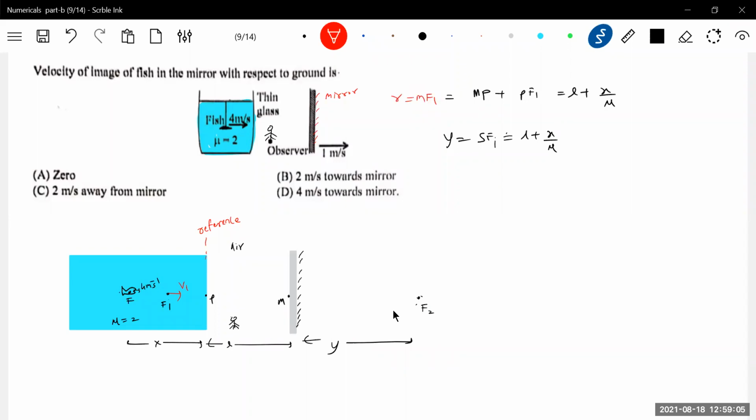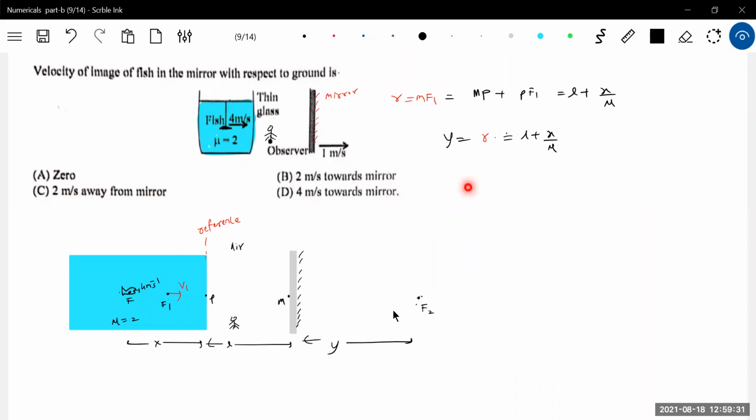Call this some R. You differentiate, you'll get the velocity V1.